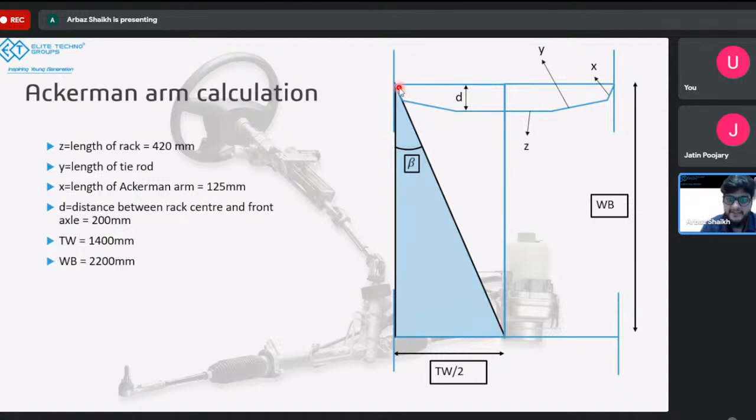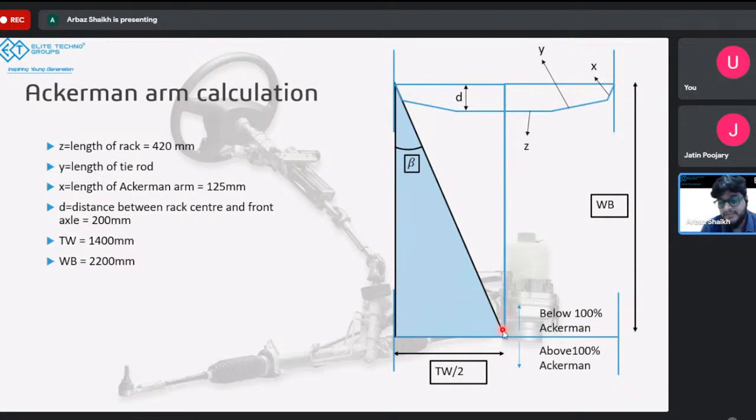If I extend this behind till this point, this should be the angle it makes. This angle is beta. So how do we calculate this angle beta? One more thing: if this point is below 100%, it will intersect the center of the vehicle somewhere around here.